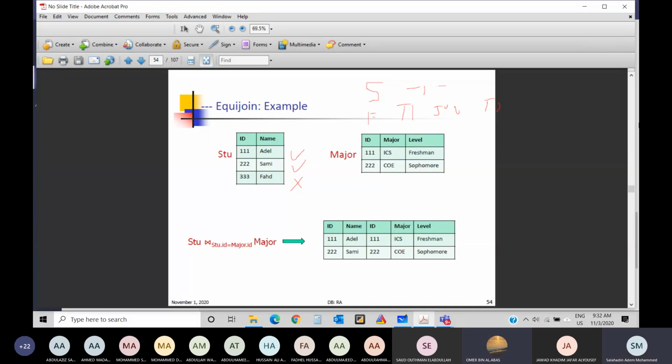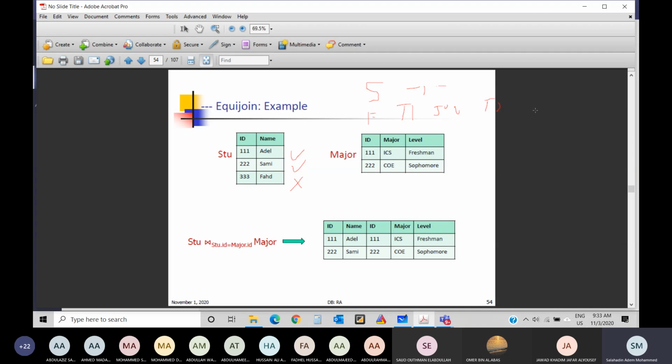I'm talking about the cross product. This is cross product. We just wrote join, but we didn't write on. We didn't give any condition, right? So automatically this is considered a cross product even in SQL.